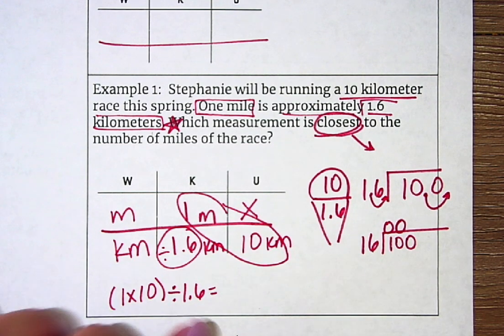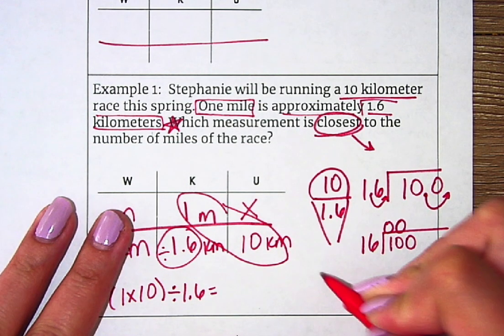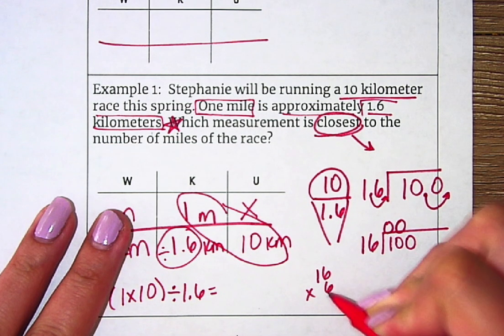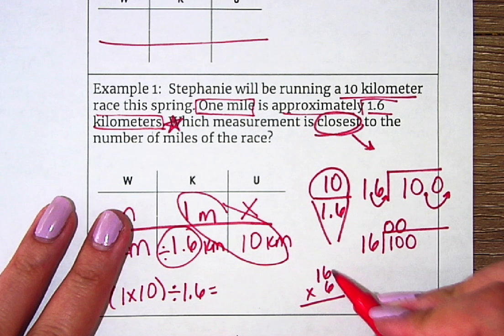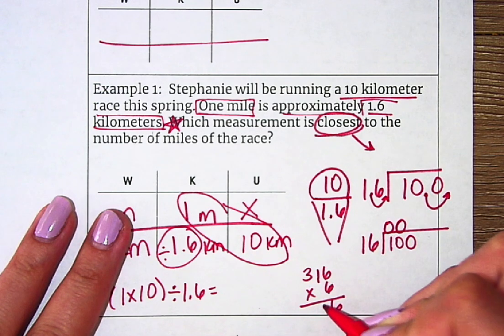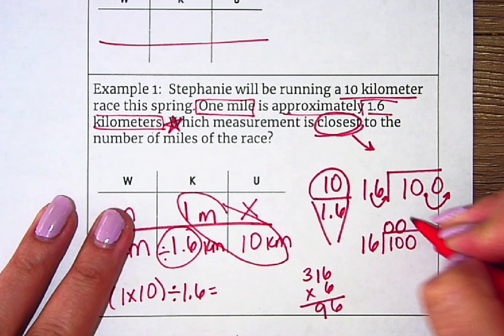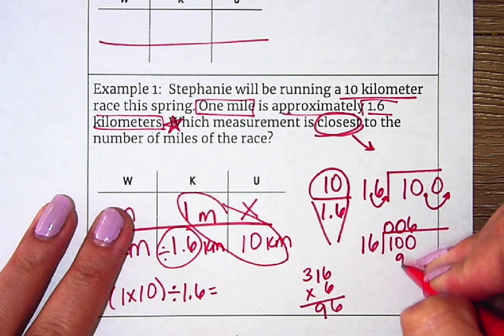How many times? Well, I'm going to do my math over here on the side. Let's just pick a number. Let's pick 16 times 6 and see how close we can get to 100. 6 times 6 is 36. 6 times 1 is 6, plus 3 is 9. That's pretty close, so I'm gonna put a 6. 16 times 6 is 96.